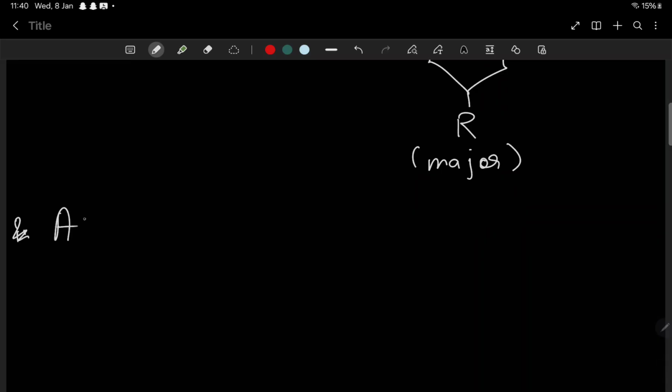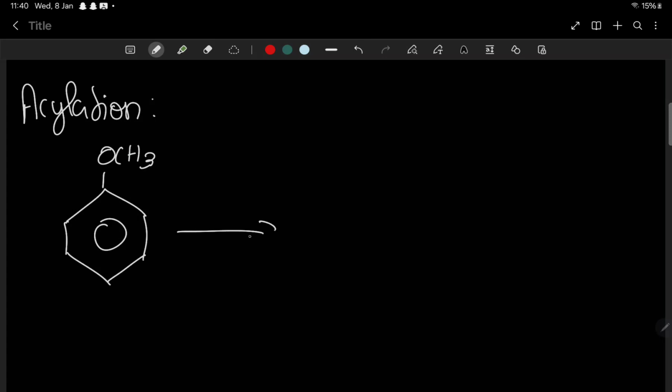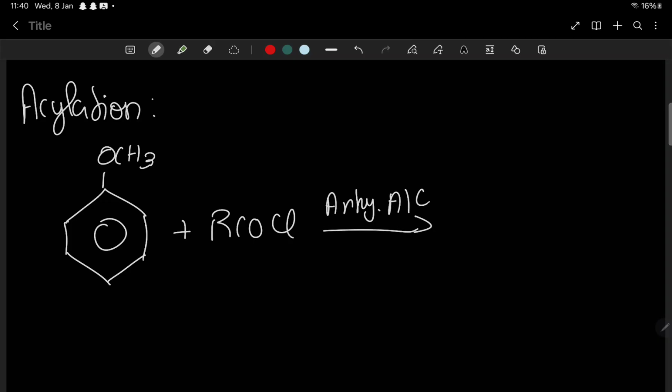Now the next one is acylation. The spelling of acylation is wrong, sorry. Acylation. Anisole with RCOCl plus anhydrous AlCl3 in CS2 medium.